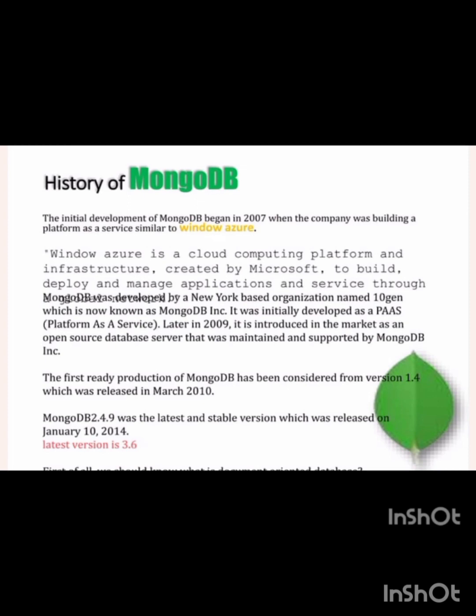The US software company 10gen began developing MongoDB in 2007 as a component of a planned platform as a service product. In 2009, the company shifted to an open source development model, with the company offering commercial support and other services. In 2013, 10gen changed its name to MongoDB Inc. On October 20, 2017, MongoDB became a publicly traded company listed on Nasdaq as MDB with an IPO price of $24 per share.